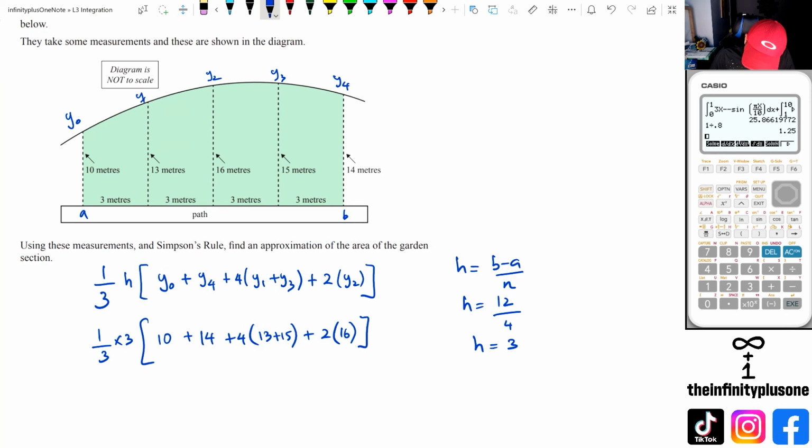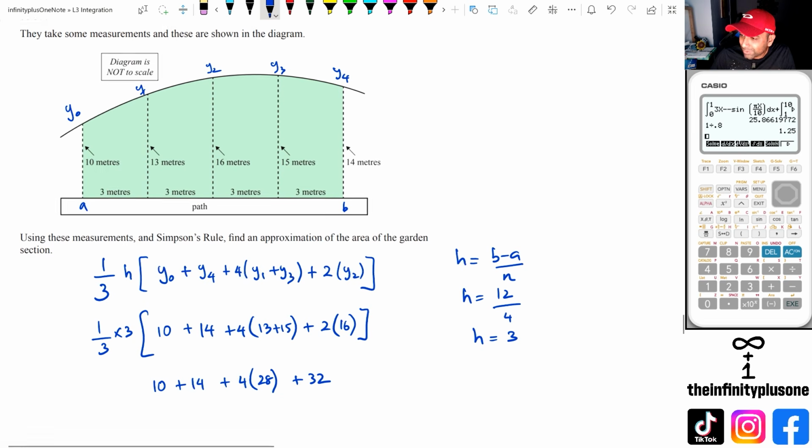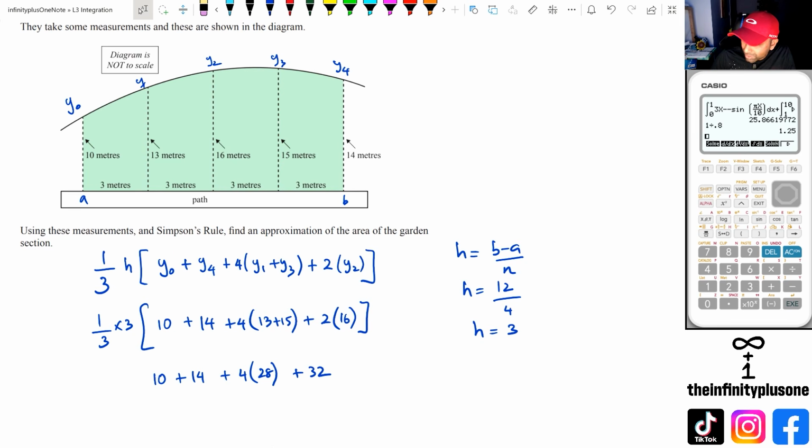So that's going to become 1/3 times 3 is just 1. We've got 10 plus 14 plus 4 times 28 plus 32. It's actually not too bad today. Putting that all together, we've got 24, 112, and 32. That's going to be 168 meters squared.